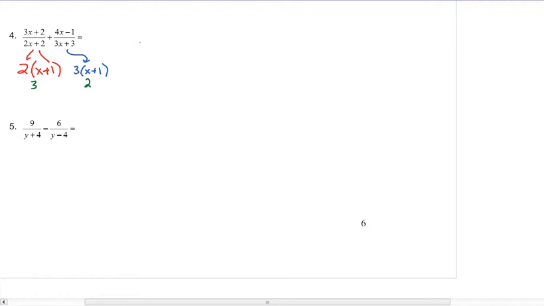So we're okay for now. Let's go ahead and add in the missing factors. The first one was missing a 3, so we'll do a 3 over 3. On the top, that was going to be times what was there before, which was 3x plus 2. On the bottom, we'll do that times 2 times x plus 1.